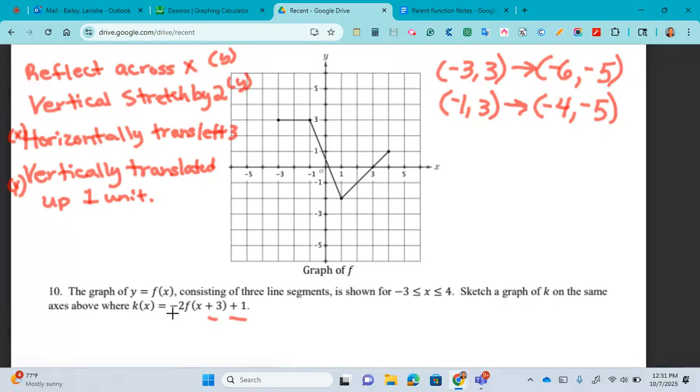Now we have a point 1, -2. My x, all my x did was horizontally translate to the left 3. So I'm at what? -2. 1, 0, -1, -2.